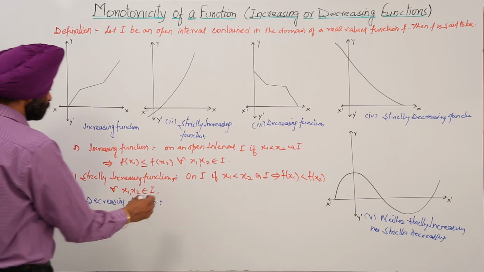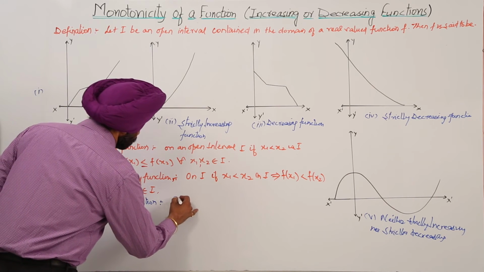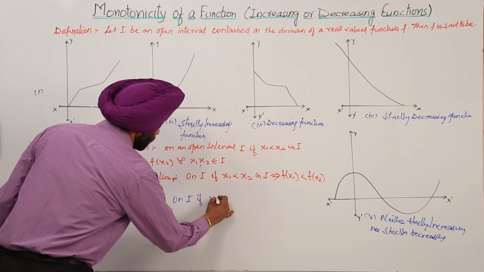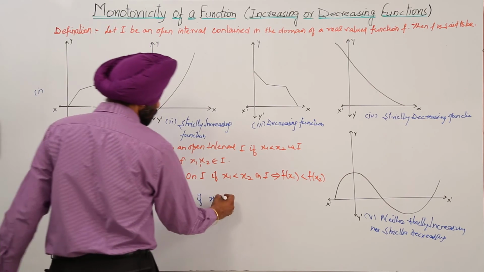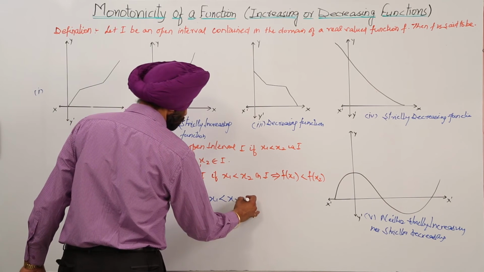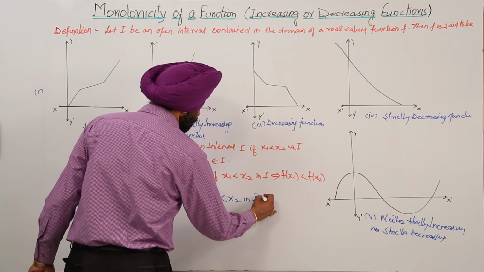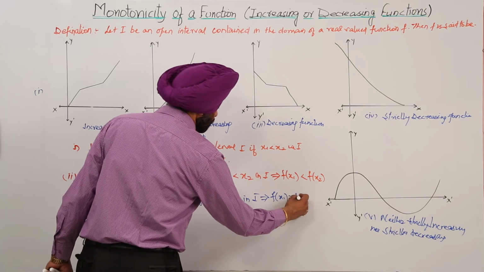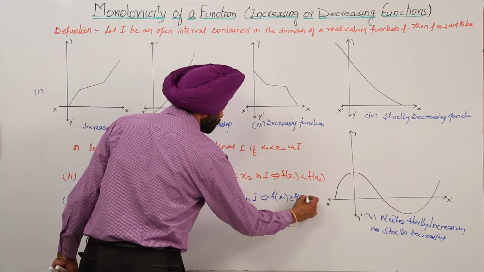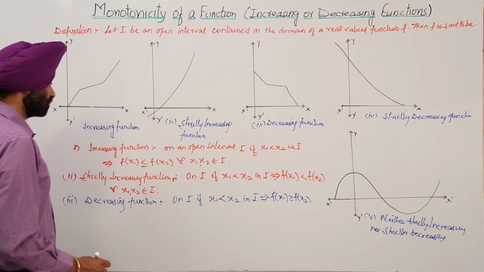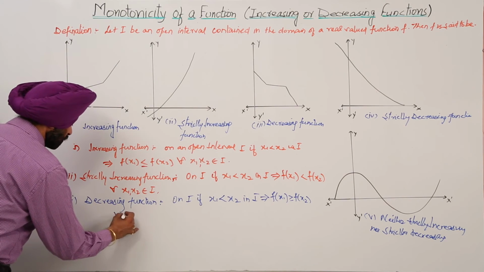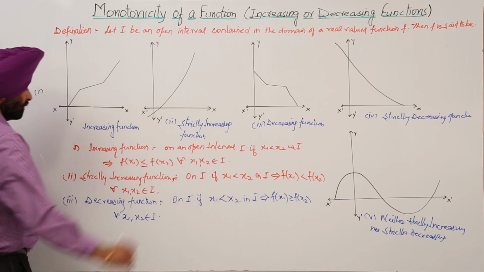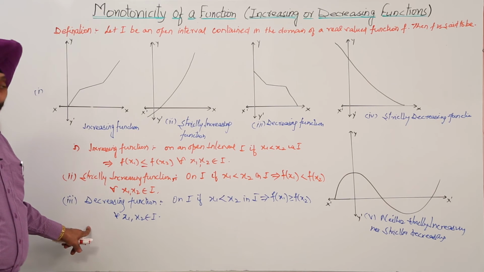Now for the decreasing function, on an open interval I, if x1 is less than x2 in an open interval I, and this implies f(x1) is greater than or equal to f(x2) for all values of x1, x2 belonging to I, then it is called decreasing function.